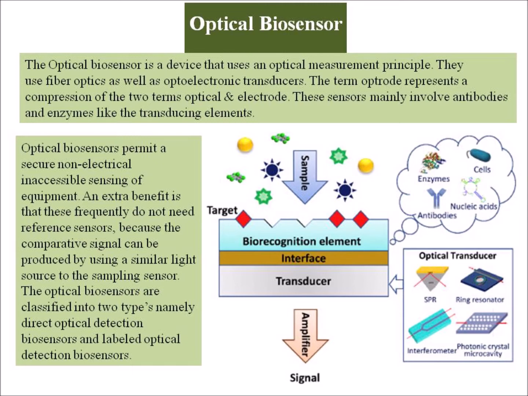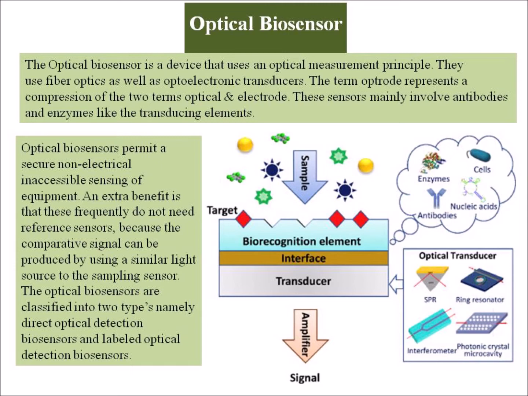These sensors mainly involve antibodies and enzymes as the transducing elements. Optical biosensors permit a secure, non-electrical, remote sensing of equipment. An extra benefit is that these frequently do not need reference sensors because the comparative signal can be produced by using a similar light source to the sampling sensor.